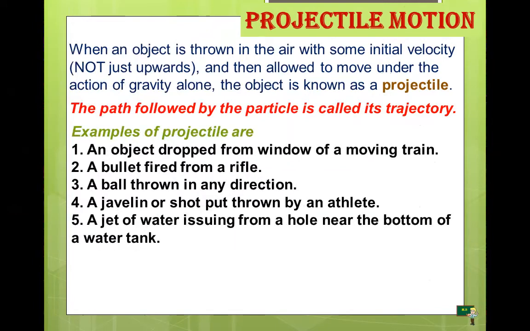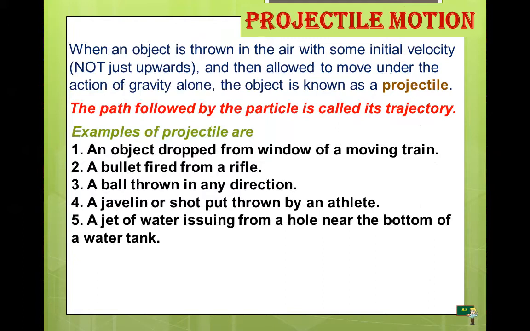Some examples of projectiles are: first, an object dropped from the window of a moving train. Second, a bullet fired from a rifle. Third, a ball thrown in any direction.